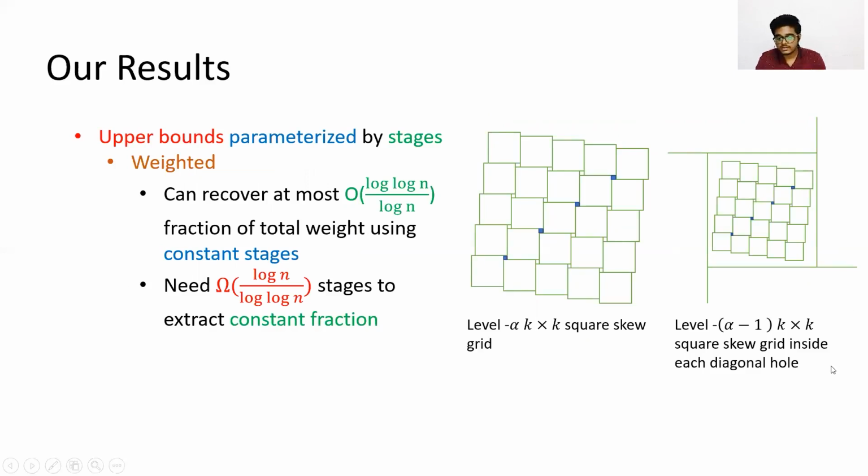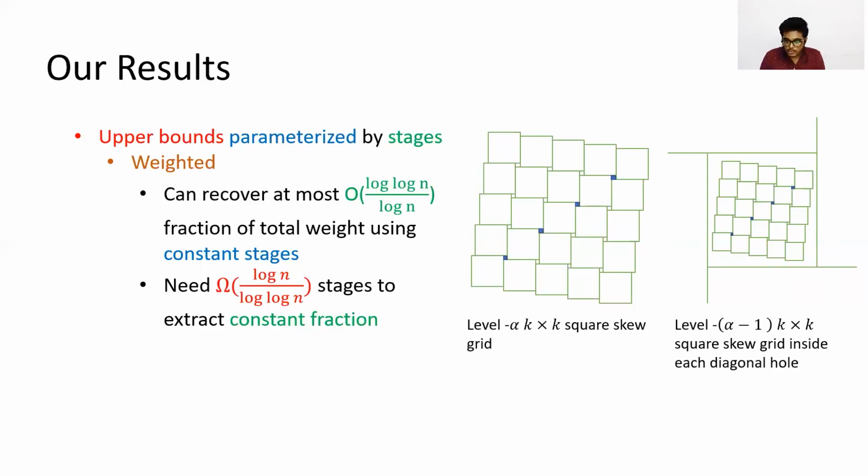The example is this. It's inspired by the upper bound for squares. It's called the square skew grid, the K cross K square skew grid. What we do is take one of these and look at the diagonal holes, painted blue, and we put a smaller miniature version of this into each of the diagonal holes, and we keep on doing it.